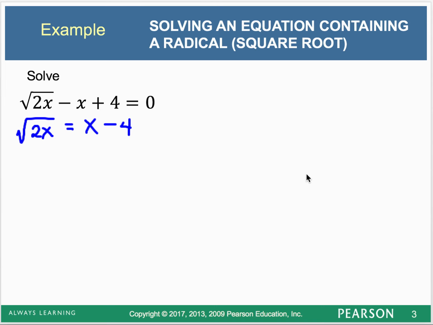Okay, now I square both sides, not individual terms, both sides. Okay, now this square and that square root get to undo each other. And here again is another example of that perfect square trinomial. You can make that x minus 4 times x minus 4 and then distribute, but these things are plenty long enough.